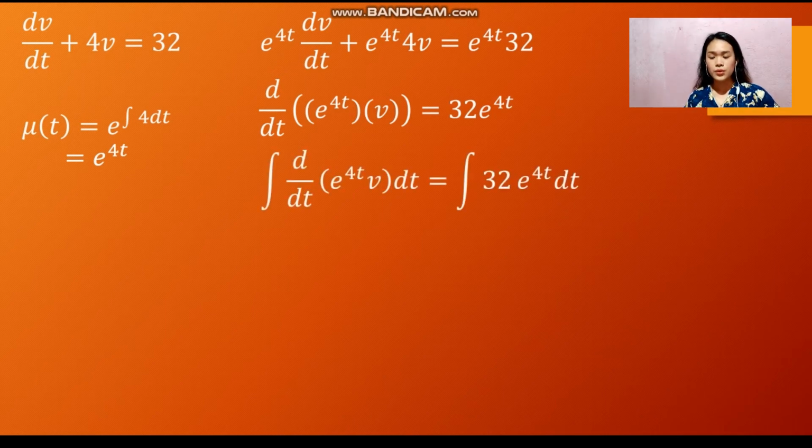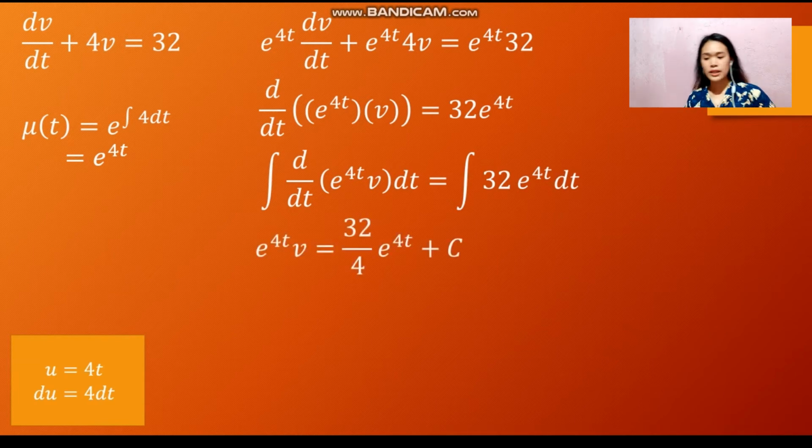So 32, i-integrate lang din natin yung both sides. Makukuha natin ngayon, since meron tayong e raised to 4t sa right side, i-derive lang natin siya. Makakuha natin is, meron tayong common factor ngayon na 1/4.